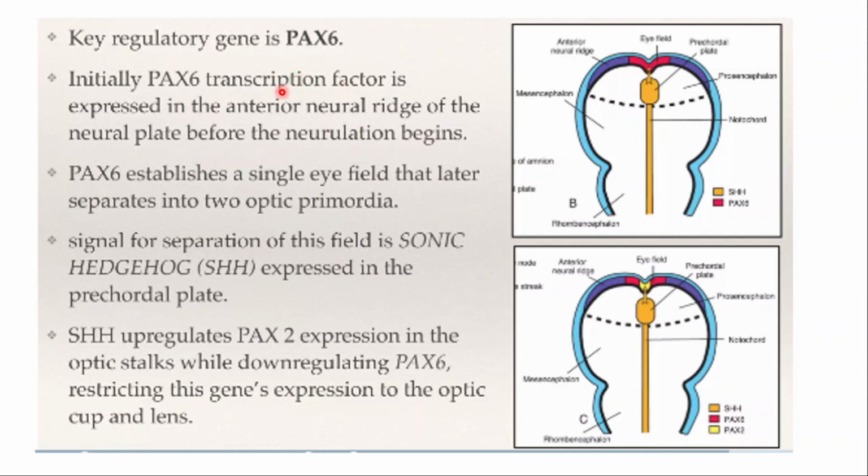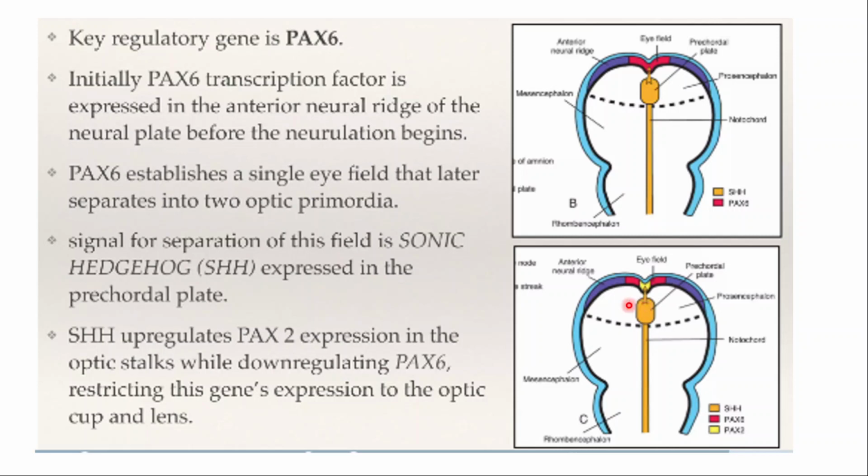The anterior neural ridge is the frontmost part of the neural tube even before neurulation has begun. Neurulation means folding of the neural tube. PAX6 establishes a single eye field that later separates into two optic primordia. So this is the eye field here, marked by the PAX6 expression, and SHH expression here.